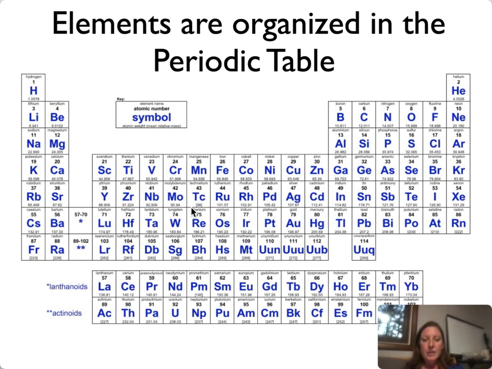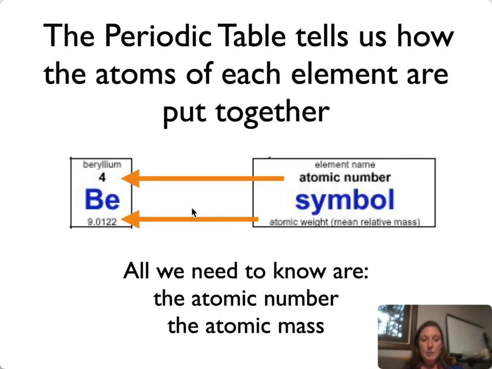What I want to focus on next is what information we can get from the periodic table. For any element on the periodic table, there are at least 3 pieces of information that we can see. The most obvious is the symbol for that element. In this particular periodic table, they've been very kind and they've spelled out the name of the element as well.